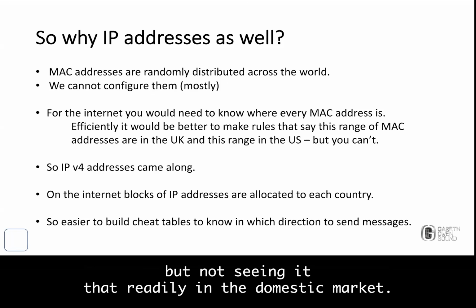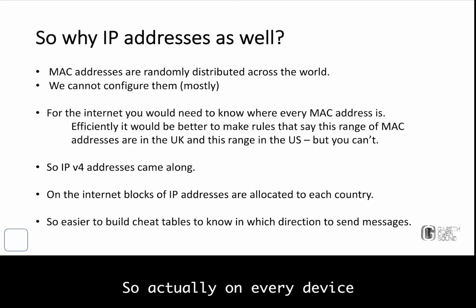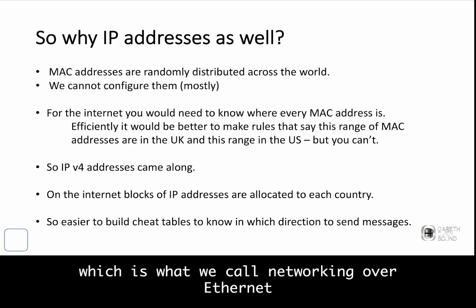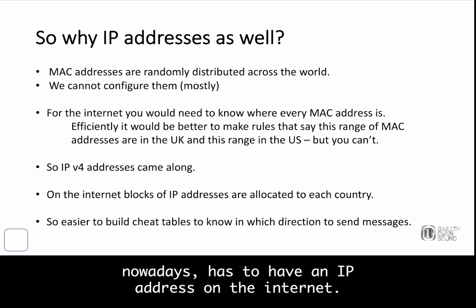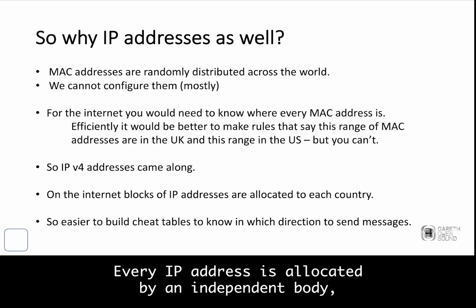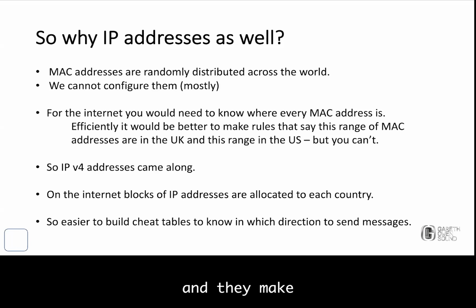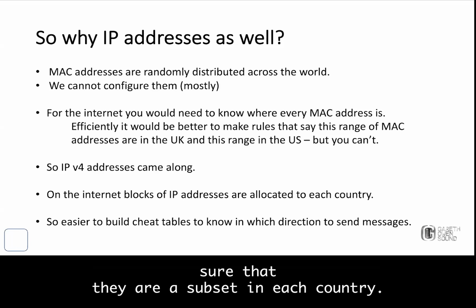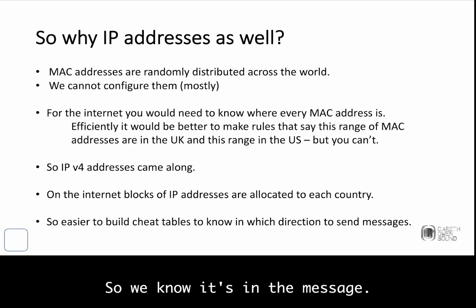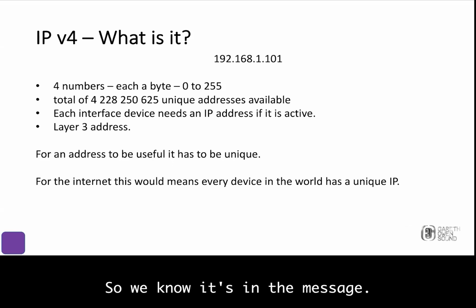So actually every device, to communicate on a TCP/IP network, which is what we call networking over Ethernet nowadays, has to have an IP address. On the internet, every IP address is allocated by an independent body. And they make sure that they are a subset in each country, so we know where to send the message.